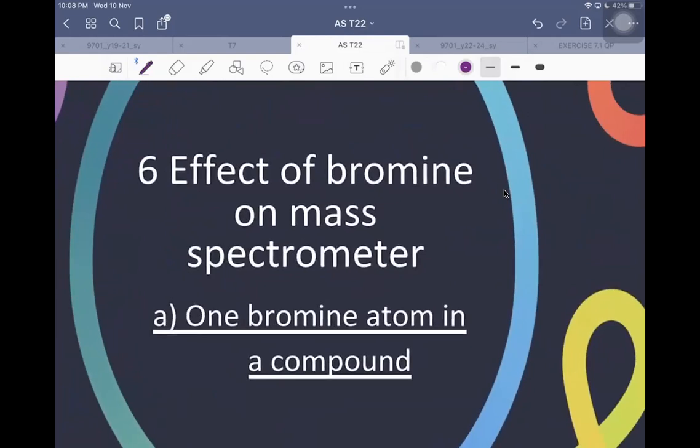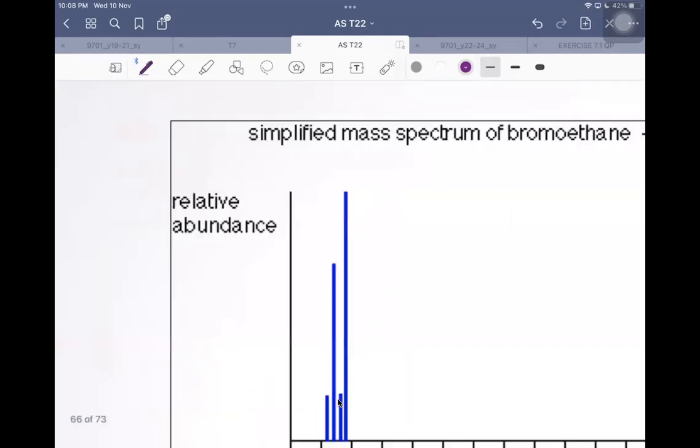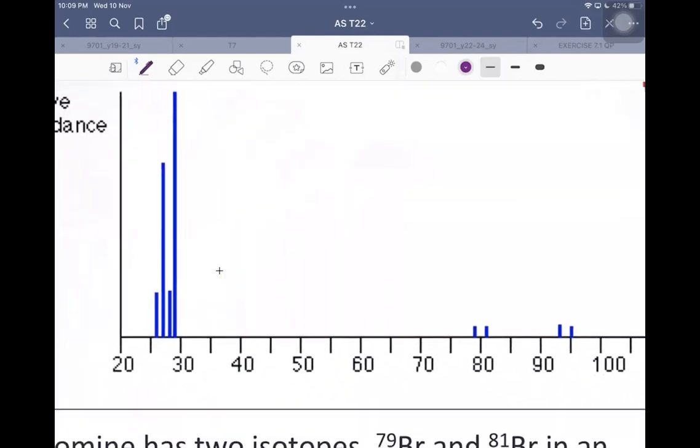Effect of bromine on the mass spectrum. We're going to deal with one bromine atom first. Bromine in your periodic table has a relative atomic mass of 79.9. Okay, so it's a decimal, which means it must have isotopes as well.